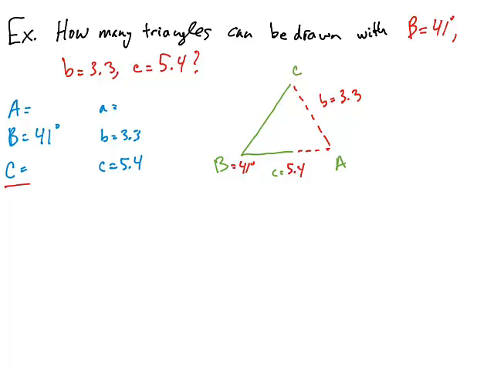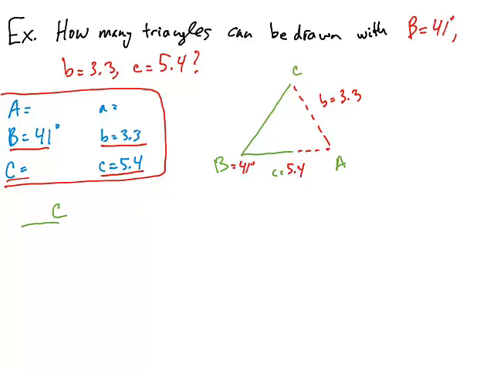Alright, but looking over here at the table that I've drawn, we do have an angle and a side that correspond to each other. And then what I can do is I have side C, so we can calculate angle C. Now, because we're looking for an angle, I'm going to put that angle in the numerator. So that's going to be sine of angle C divided by 5.4, which is going to equal sine of 41 degrees divided by 3.3.